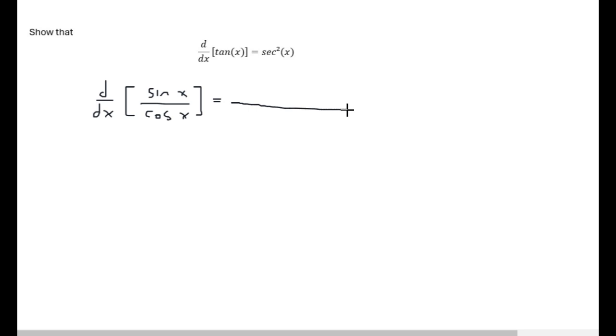I like to start with the bottom because I know this one is going to be the bottom square using the quotient rule.